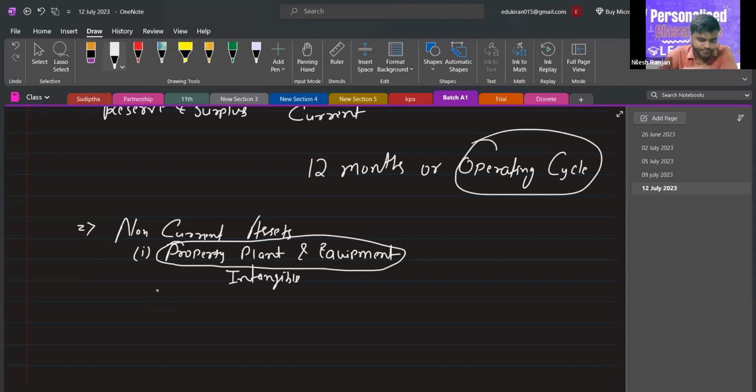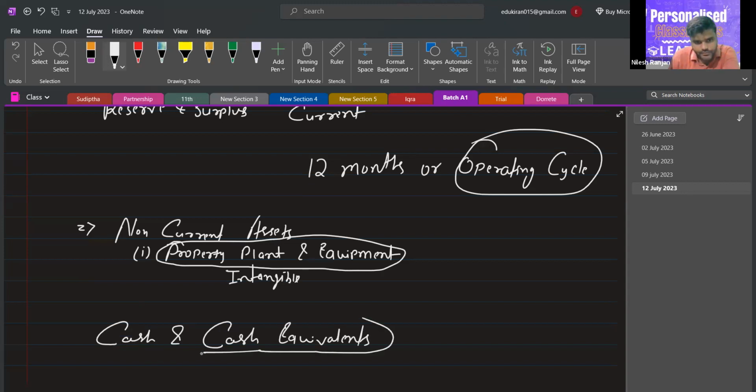Now, you know the meaning of inventory, trade receivable, and cash and cash equivalent. Yes, sir. So what are cash equivalents?